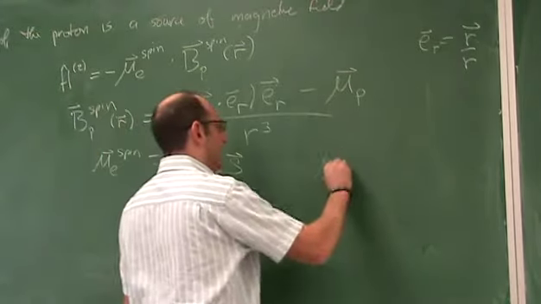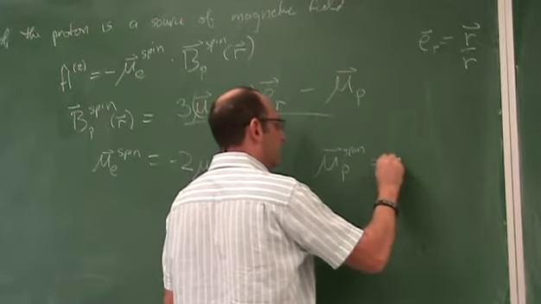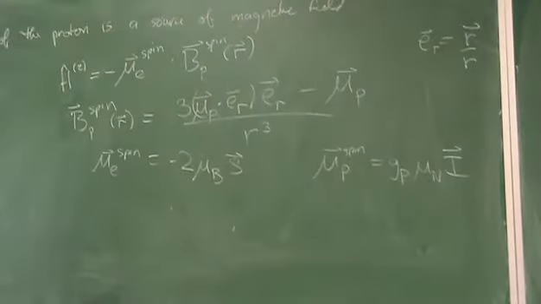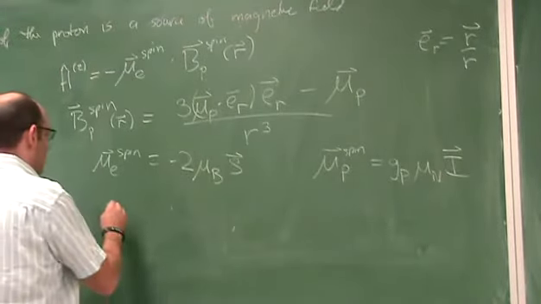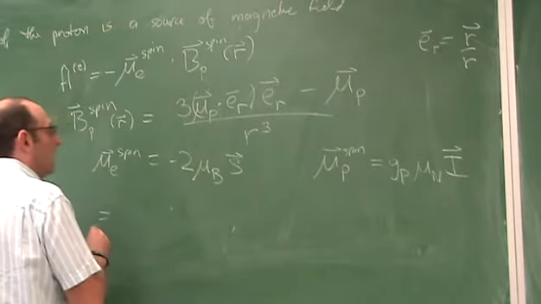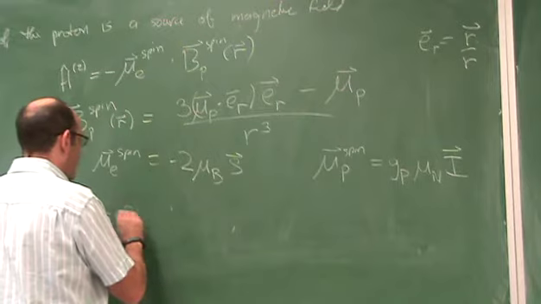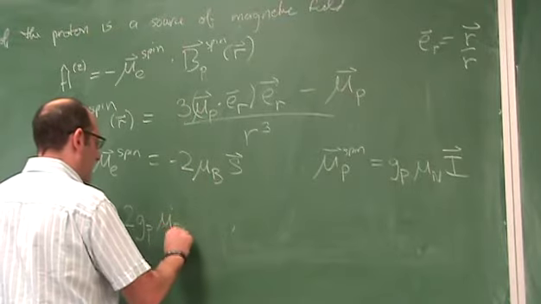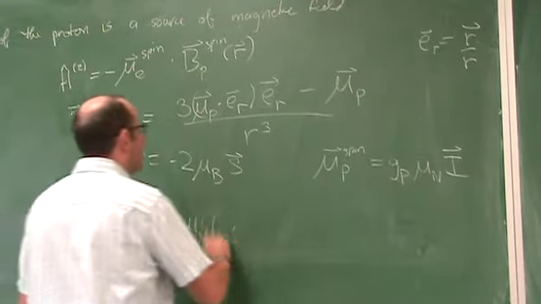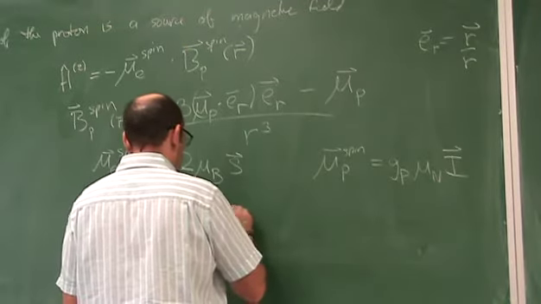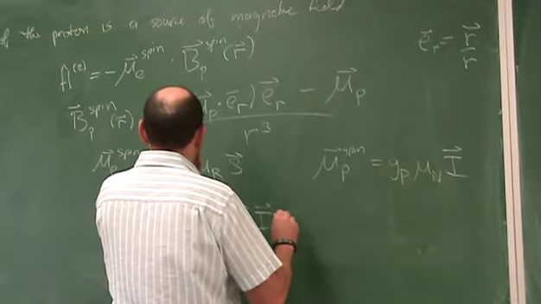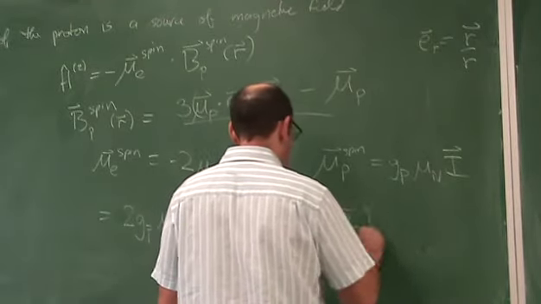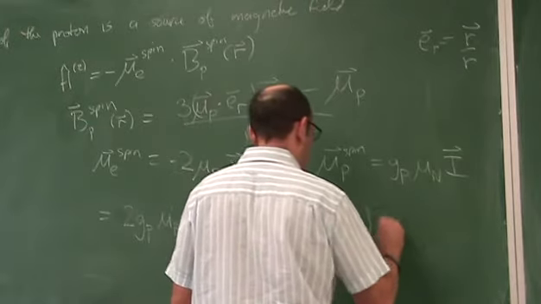And the mu of the proton is the g factor of the proton, the nuclear magneton, I. So this effect is equal to minus 2 g proton, nuclear magneton, times S dot I, minus S dot E sub R, I dot E sub R.